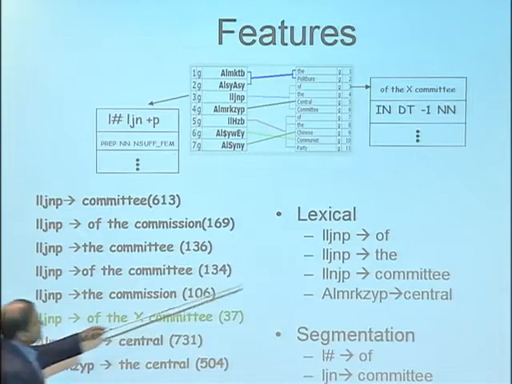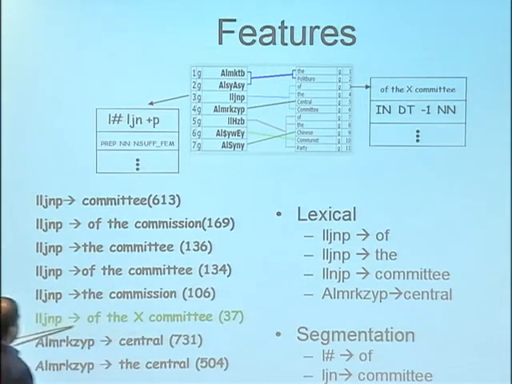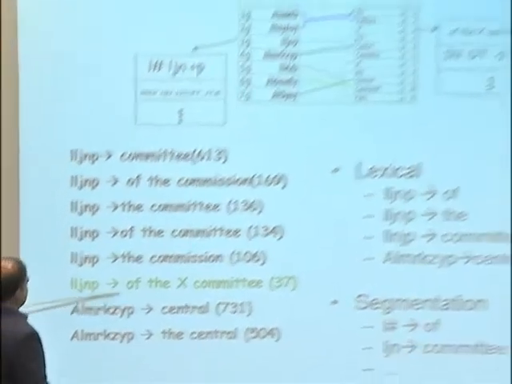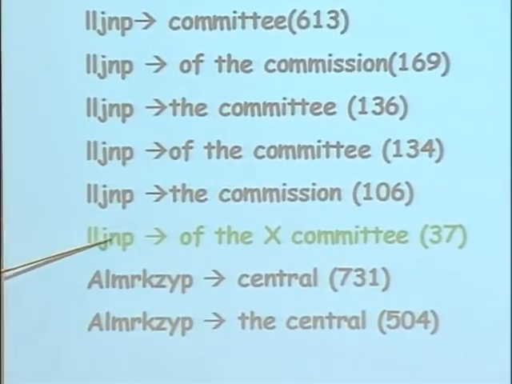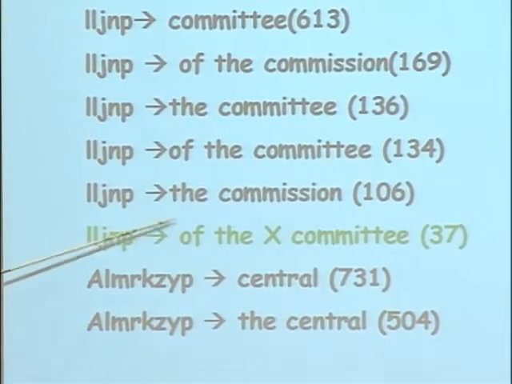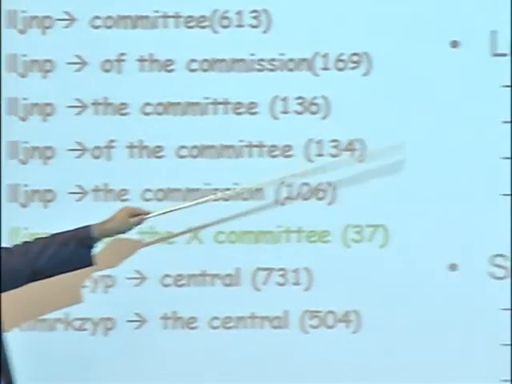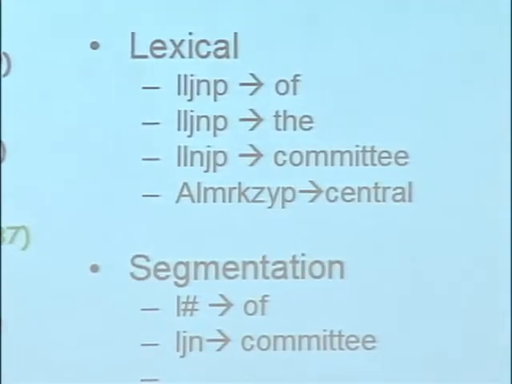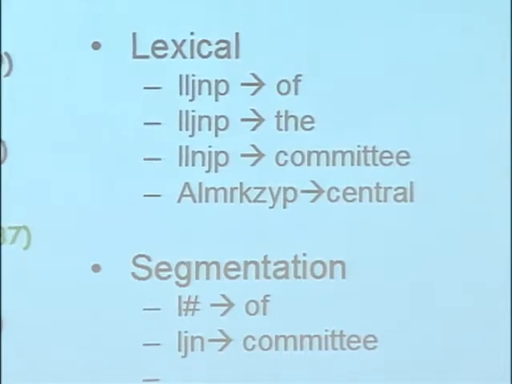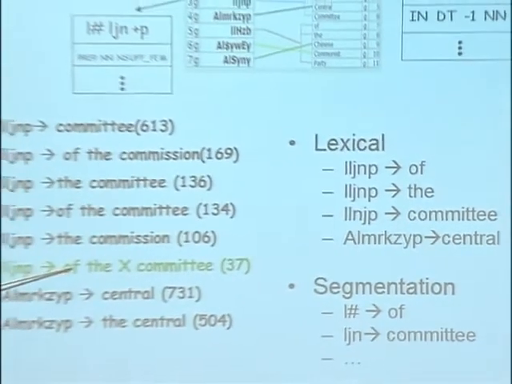Okay, so here's some of the features. So this is the current production. So you can ask the question, is LLJNP producing of? Is LLJNP producing the? And that's the list right there. You can also ask the segmentation question. This LLJNP has that segmentation. So is L sharp producing of?